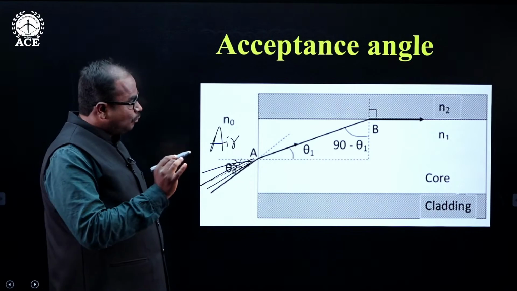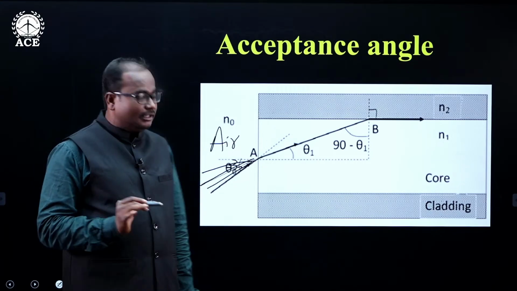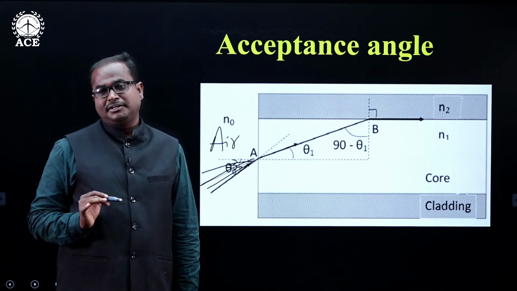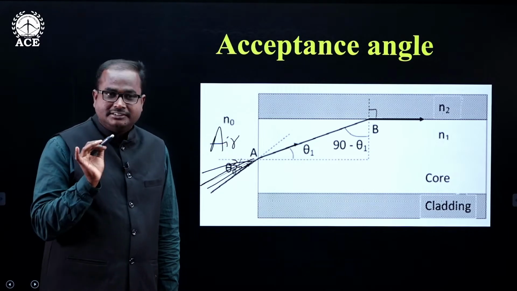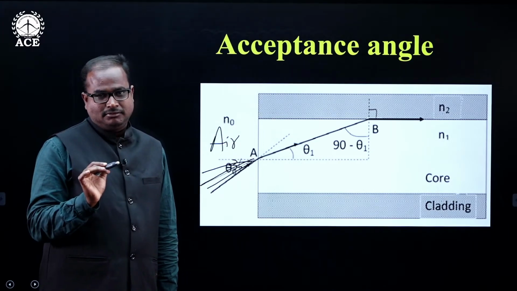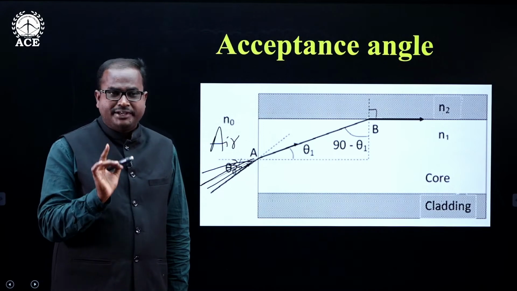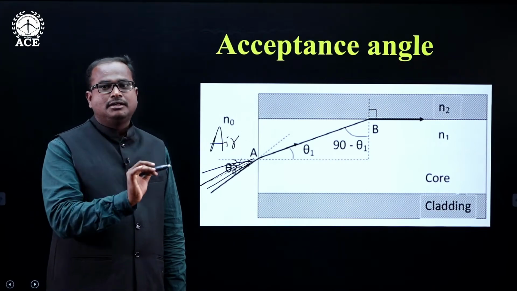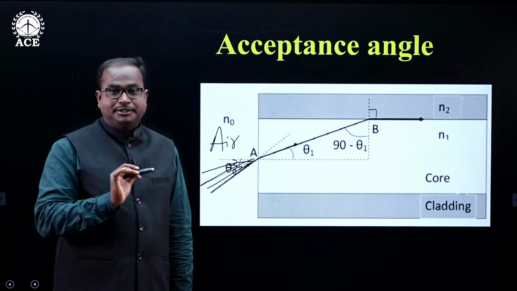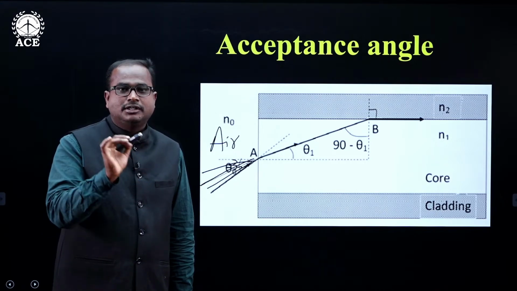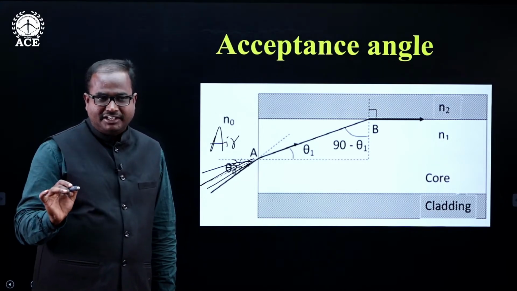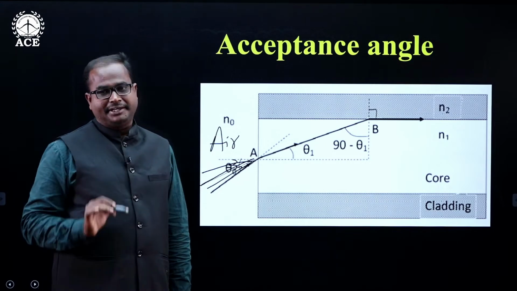If you want to achieve that maximum output, this launching angle is very, very important. For any optical fiber, there is always a maximum angle up to which you can launch the light beam so that it undergoes total internal reflections inside the core medium.